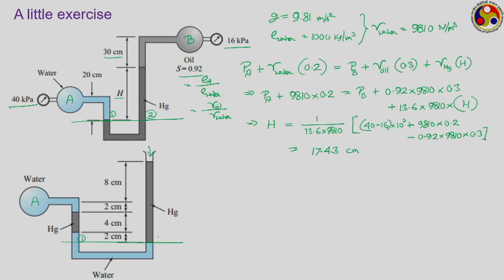Let us say this is location 1, and this is location 2. At location 1 our pressure is Pa plus there are 3 columns on top of this.